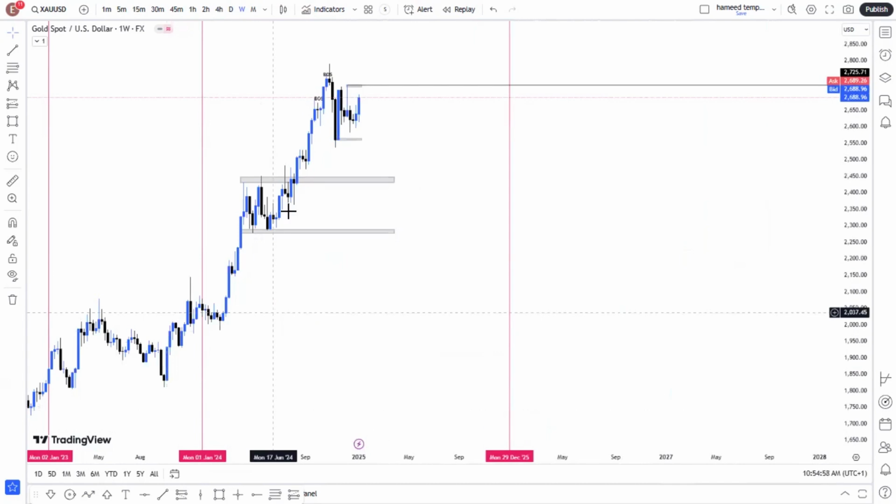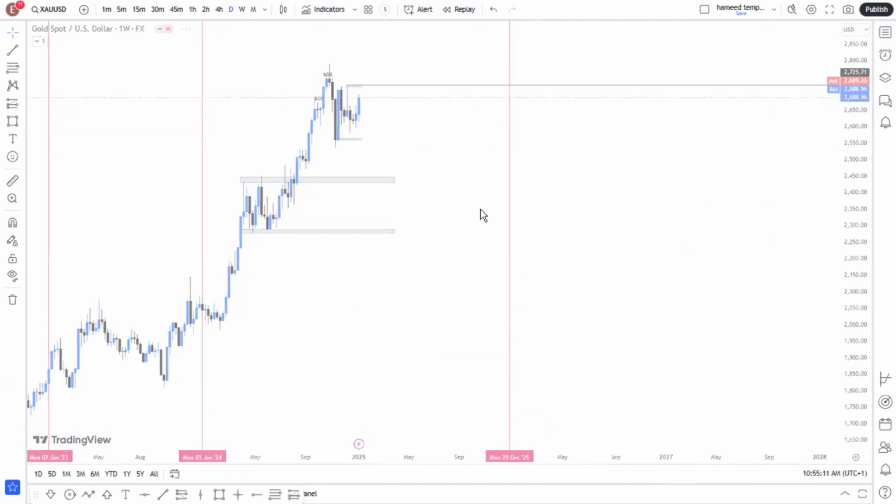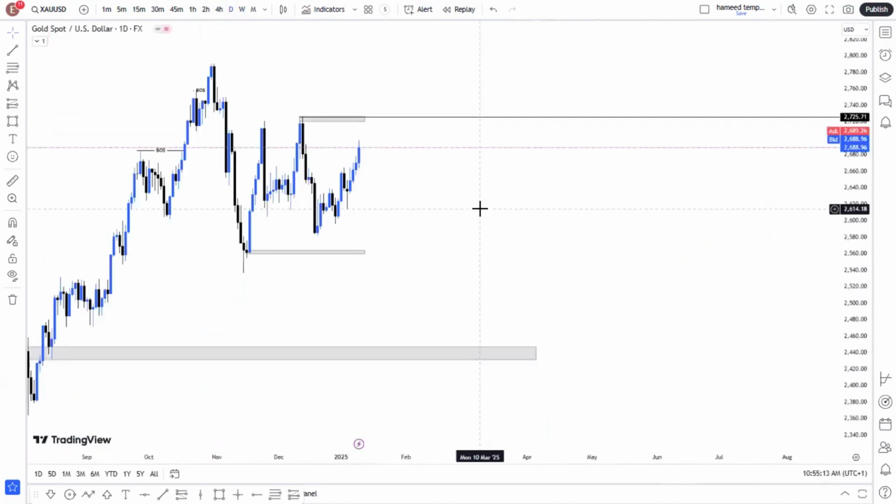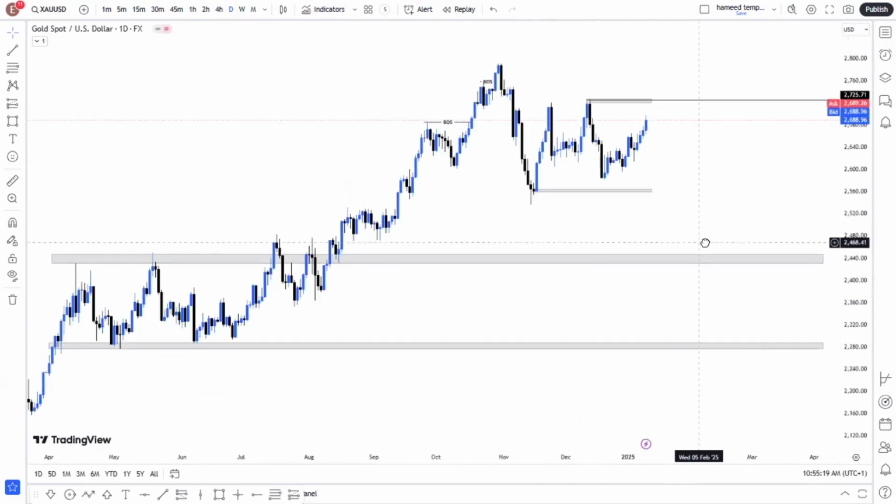So on a weekly time frame, we have a nice up move, which is an uptrend. We have an uptrend here, and last week's candle is a very massive bullish candle. Now on a daily time frame here, what do we have? We're having an uptrend on daily time frame as well.